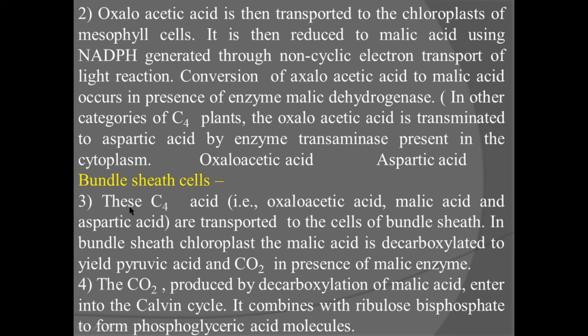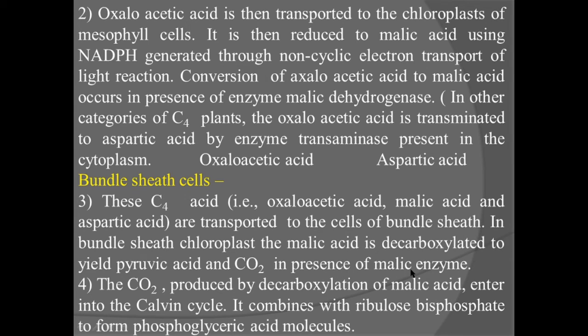Now in bundle sheath cell, these C4 acids, malic acid and aspartic acid, are transported to the cells of bundle sheath. In bundle sheath chloroplast, the malic acid is decarboxylated to yield pyruvic acid, a 3-carbon compound, and 1 carbon dioxide is released in presence of malic enzyme. That means the 4-carbon compound malic acid undergoes oxidative decarboxylation, and 3-carbon compound pyruvic acid forms and 1 carbon dioxide is released during this process.